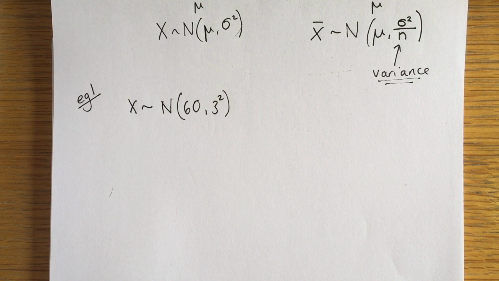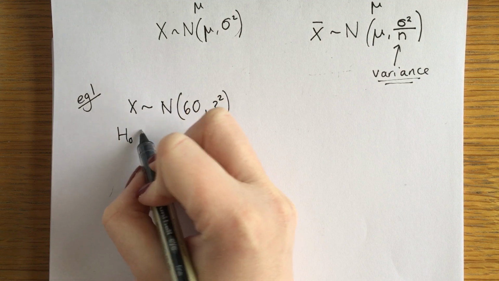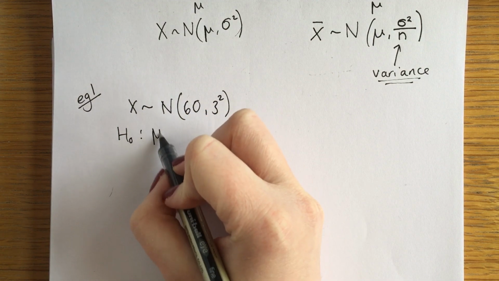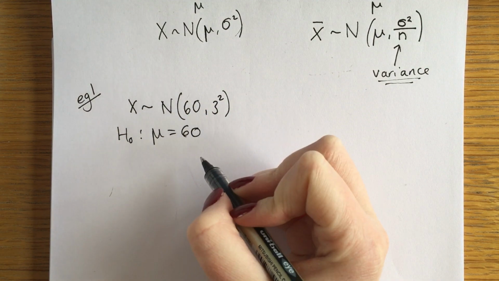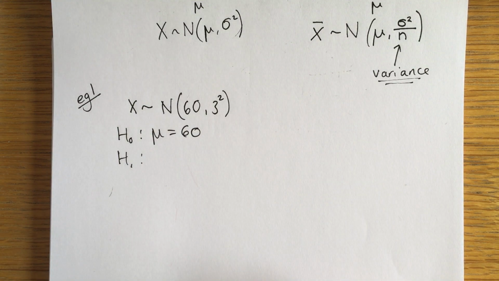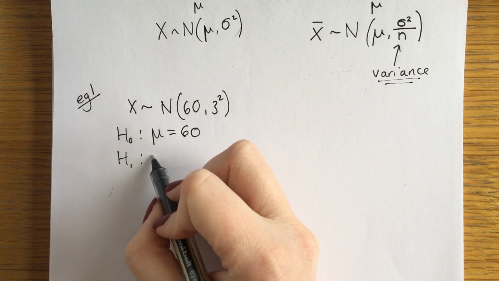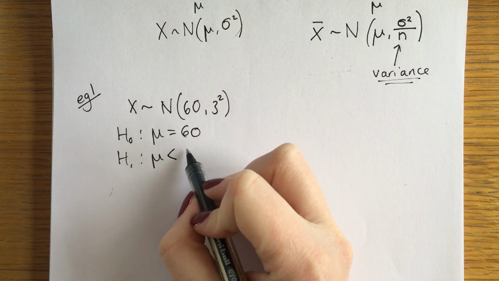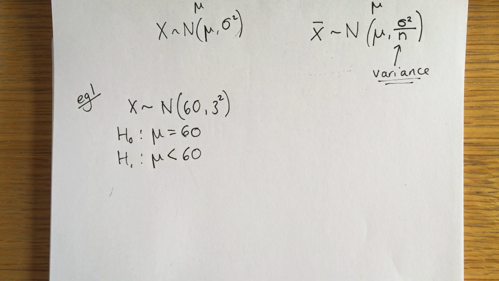Using a 5% level of significance and stating your hypotheses clearly, test whether or not there is evidence to uphold this complaint. So, we need a null hypothesis, which is that our mu is 60. And the alternate, well, it says the trading inspector is investigating that the company are overstating. So that would mean that mu would be less than 60.